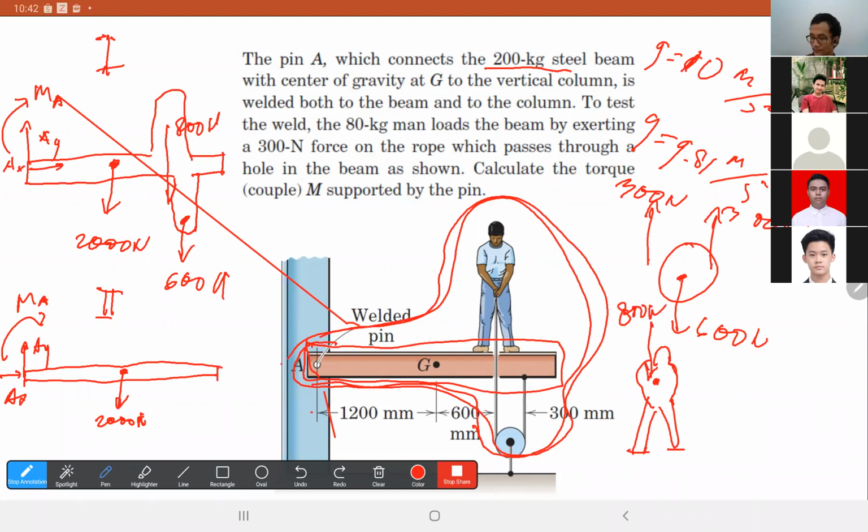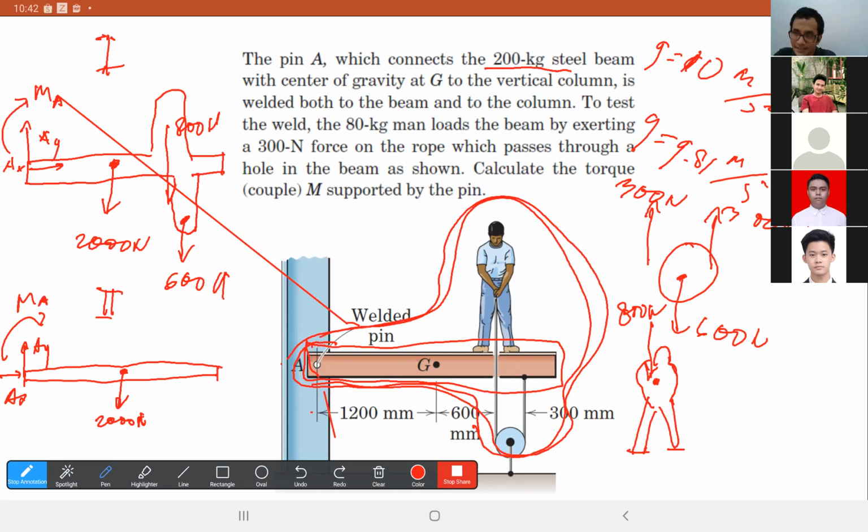What else is happening on the man? Apa gaya-gaya lain yang terjadi pada orang? Dia menarik. Menarik, kalau menarik ya ke atas.